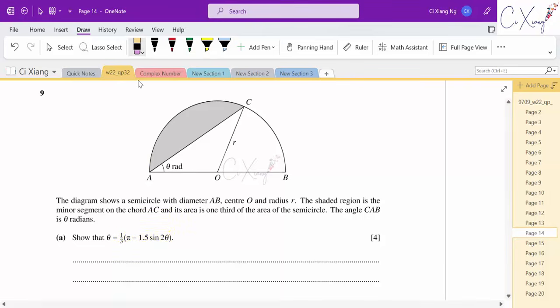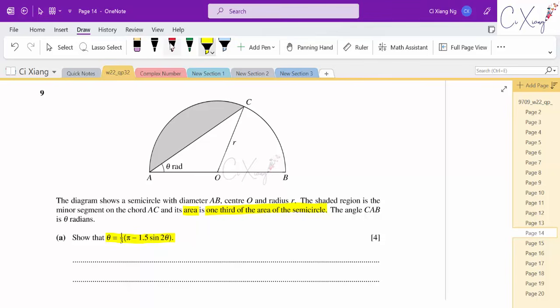Before we start, one important piece of information is that the shaded region is the minor segment of chord AC, and its area is 1/3 of the area of the semicircle. So this is the information we should start with.